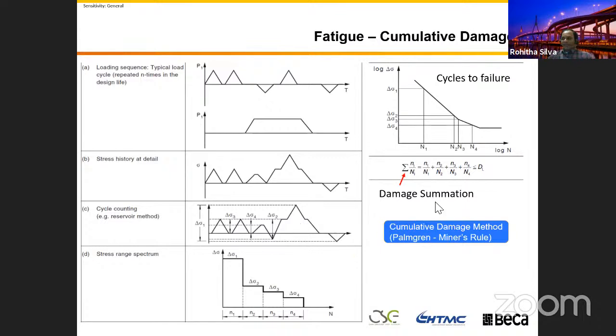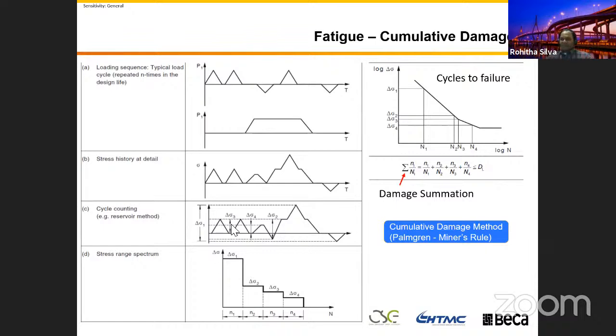Another way to explain it: let's say you build a bridge and a small crack initiates on the bridge. That crack will propagate because of this reversal stress cycle sigma 1 by a certain percentage. Sigma 2 will propagate it by a certain percentage. It will add up together. At the end, there's a point that it can't sustain anymore.